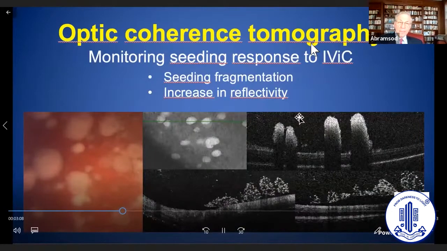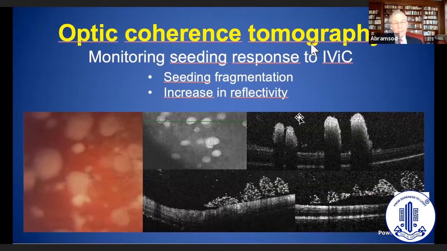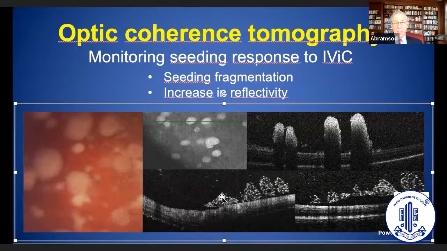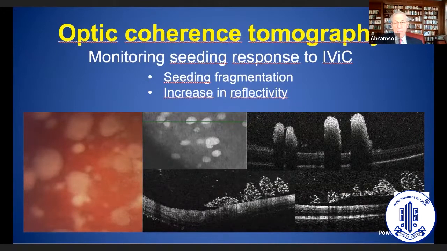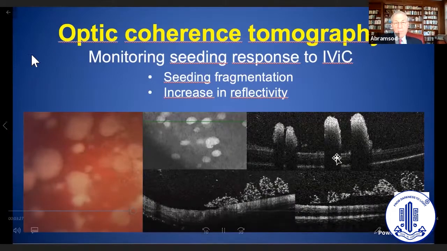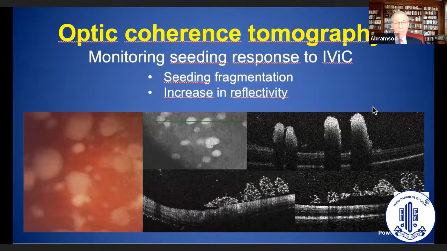Now, optical coherence tomography is also instrumental in monitoring the seeding response to intravitreal chemotherapy. These are sequential pictures of the response: at diagnosis, you have the seeding sitting on the retina, epiretinal seeding, and then after the first and second injection in the vitreous.